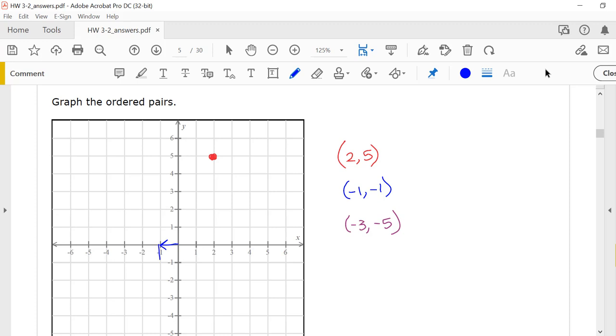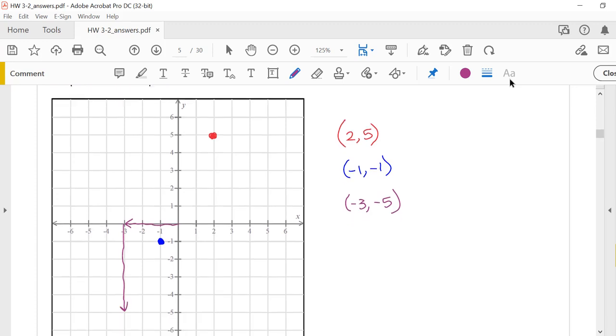In the y direction, I need to go negative 1. So my point will be right here. Last but not least, the point negative 3, negative 5. Negative 3 in the x direction, negative 5 in the y direction. So my point will be right here.